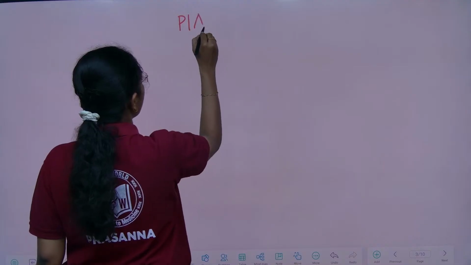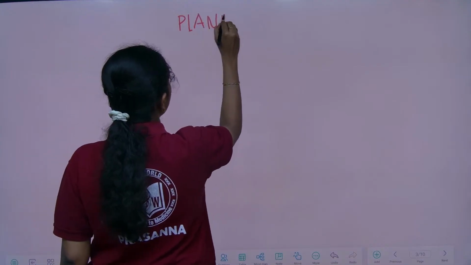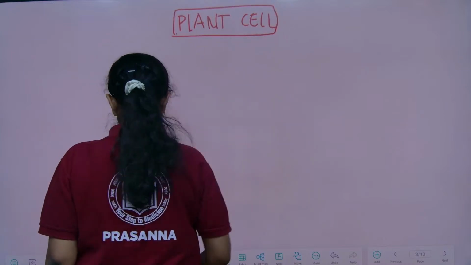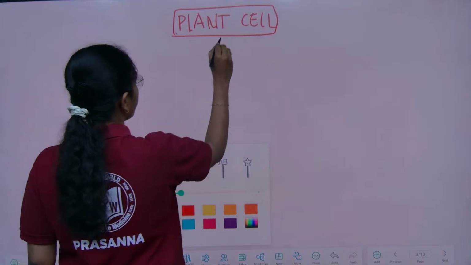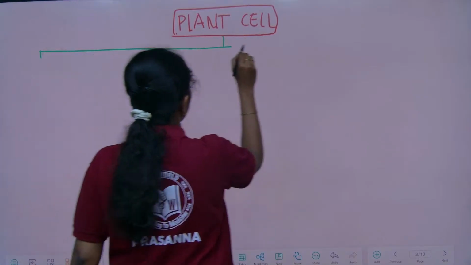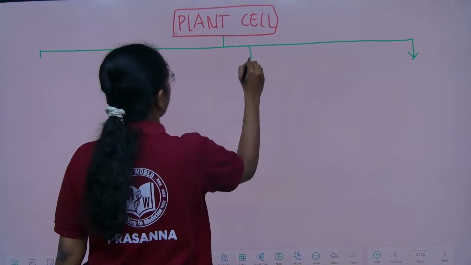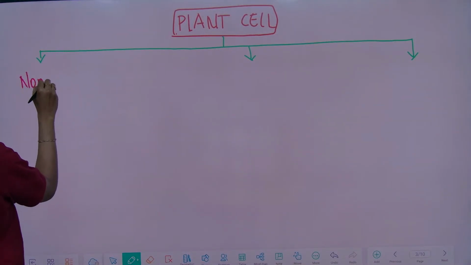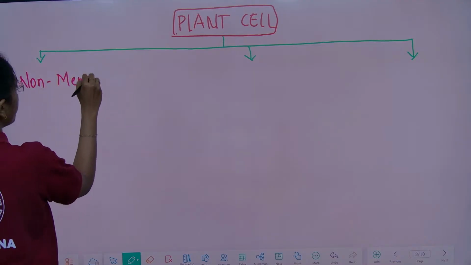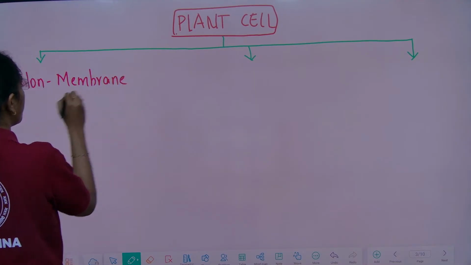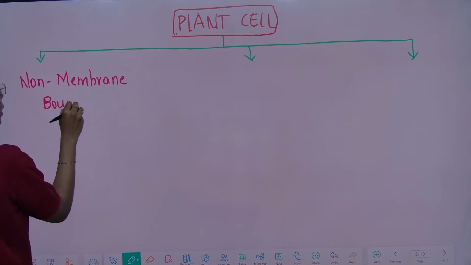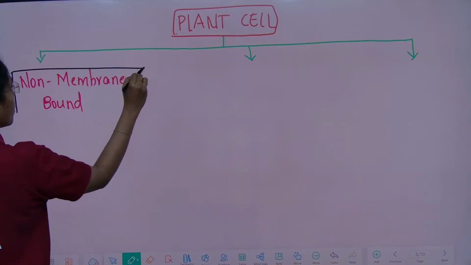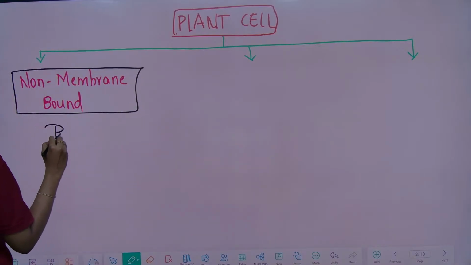So, if I have to take a plant cell, the only non-membrane bound organelle is ribosomes.